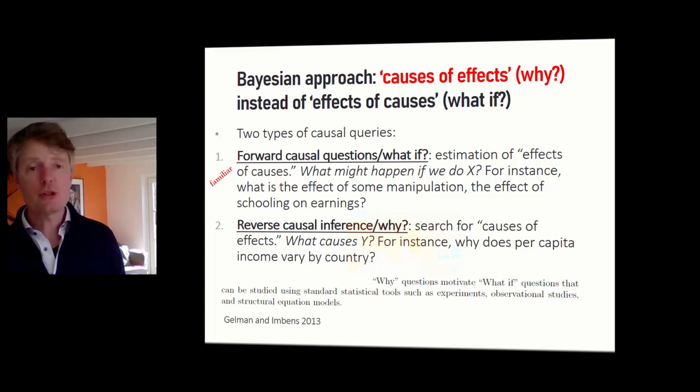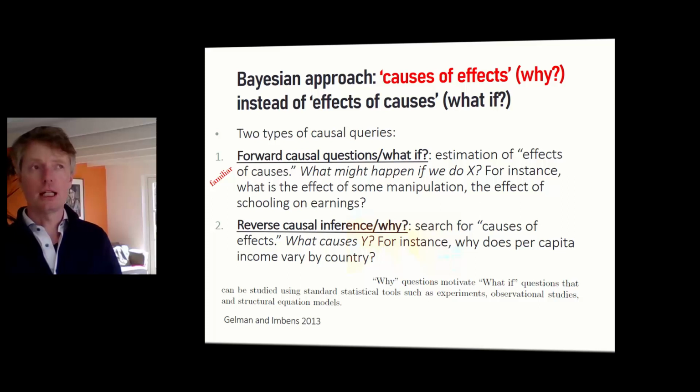Whereas the Bayesian approach is more reverse causal inference. We see something happening, so we see the corpse, we see the blood, we see the knife and all that. And then we ask, okay, who has done this? There are three suspects, and now we're going to learn who did it.